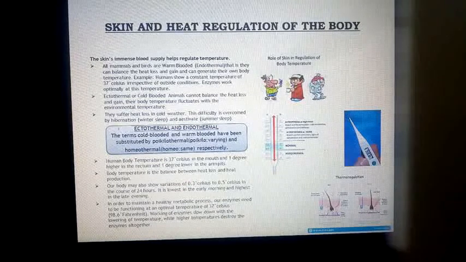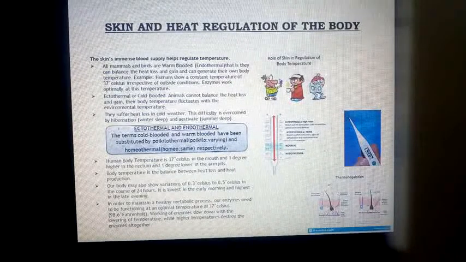The body temperature is the balance between heat loss and heat production. The body may also show variations of 0.3 to 0.5 degrees Celsius in the course of 24 hours. It is lowest in the early morning and highest in the late evening.